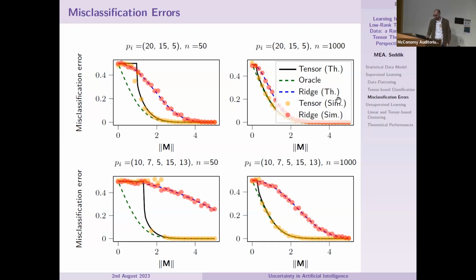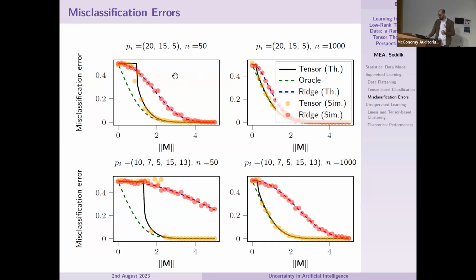The dashed green lines correspond to the classifier where we perfectly know the means. So if we give it the means, then we have this classification, and we see that the tensor approach is almost close to the optimal classifier.